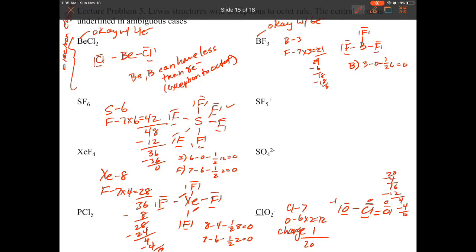This chlorine now is going to be 7 minus 4 minus 3, which is 0. And this is just going to be a minus 1. So this is going to be our proper Lewis structure for ClO2 minus.